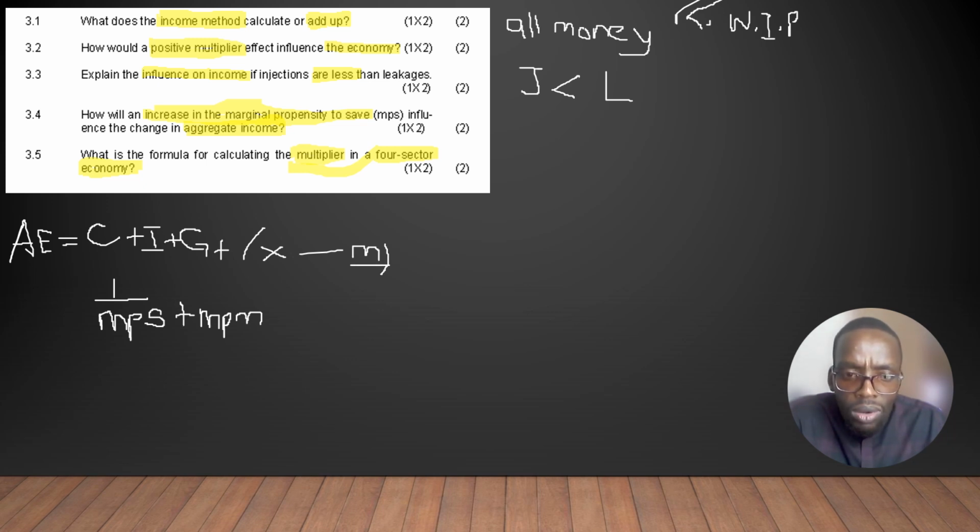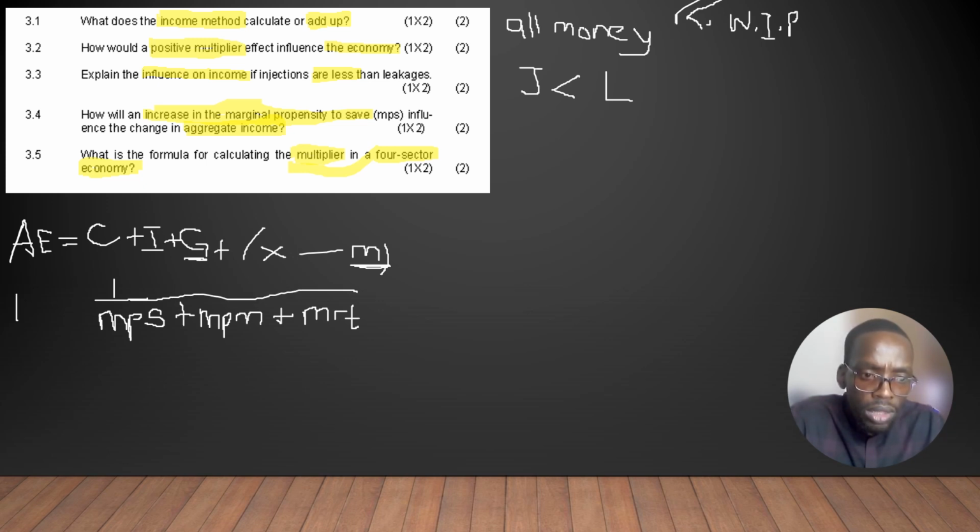That's what we are going to add, the marginal propensity to import. And then we are also going to add our MRT, which is our marginal rate of taxation, which is as a result of what? Of government. So this is the formula that we have for calculating the multiplier in an open economy.